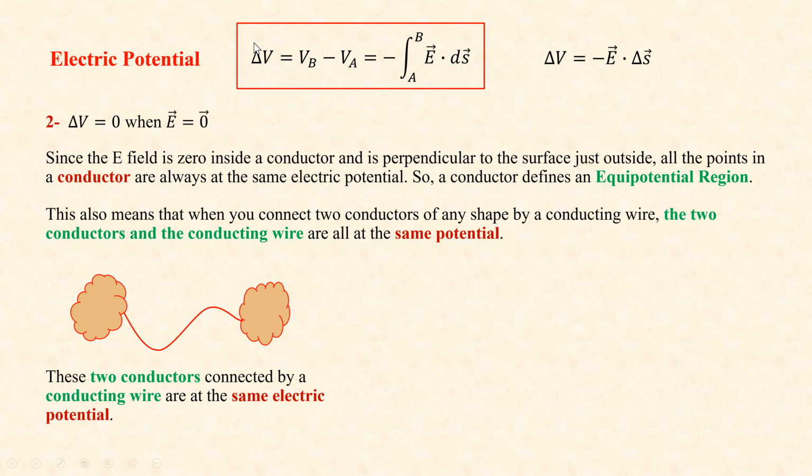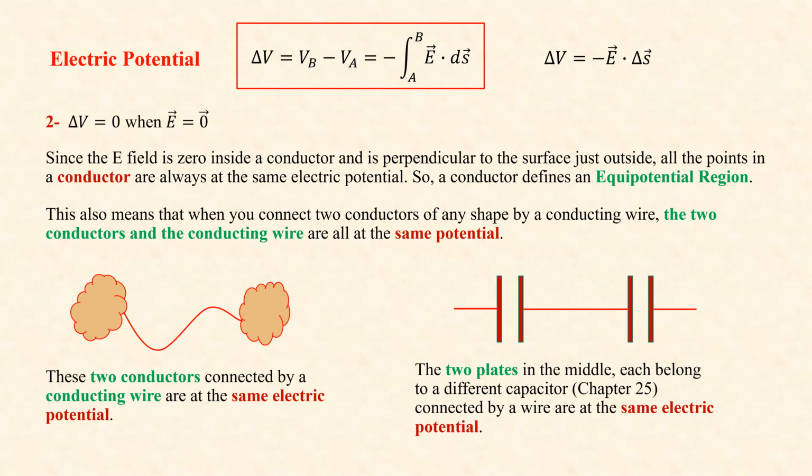From any point here to any point there, you can take a path through the conducting wire and go to the other, and along the way, the electric field is 0. And therefore, E dot ds is 0. So the total integral is 0. Therefore, VB is equal to VA. We don't say VB is 0 or VA is 0. They are the same potential. All right. Any questions?